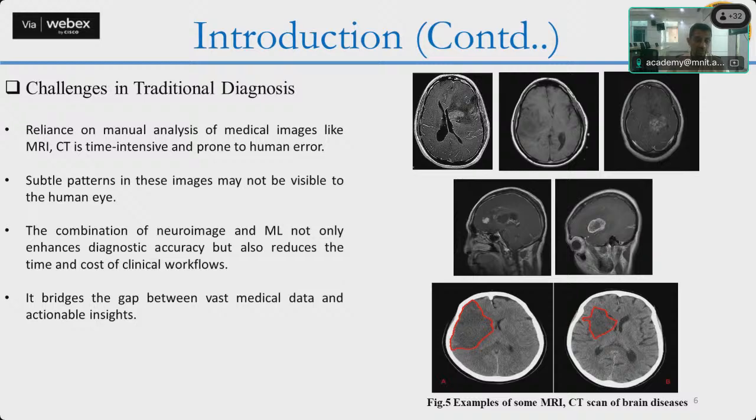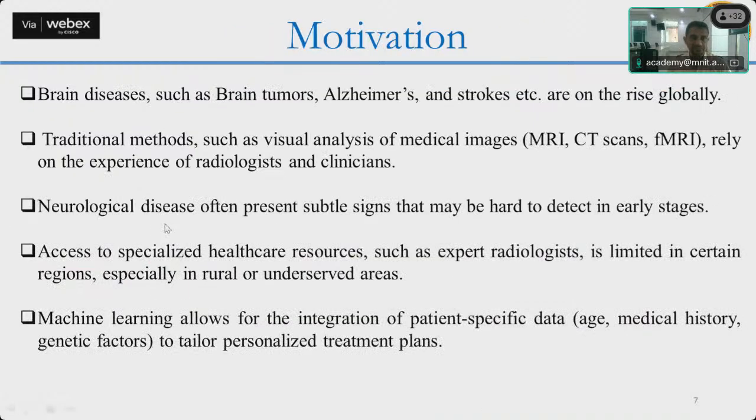The combination of neuroimaging and ML not only enhances diagnostic accuracy but also reduces the time and cost of clinical workflow. The time and cost are very effectively reduced at the mass level. It bridges the gap between vast medical data and actionable insights.